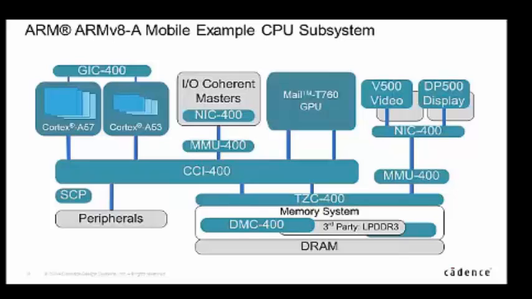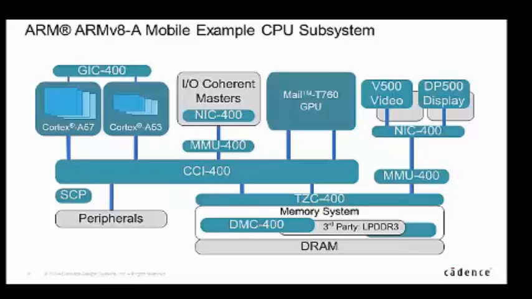You're defining in its architecture coherent and non-coherent domains, and when you stitch this CPU subsystem together you decide which IP is going to be communicating with memory in a coherent or non-coherent way.